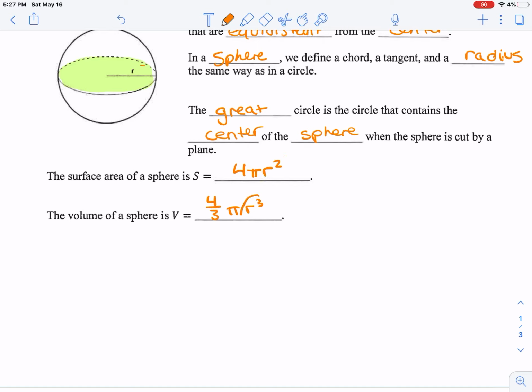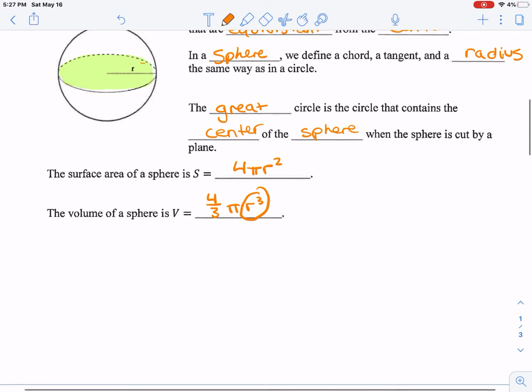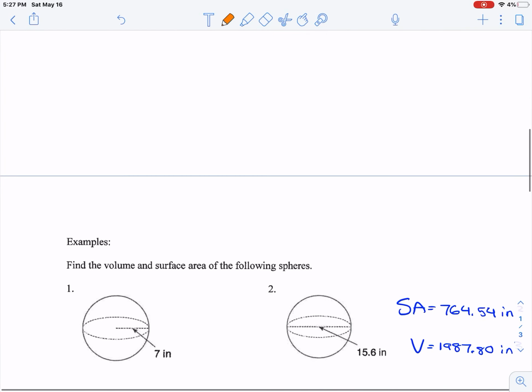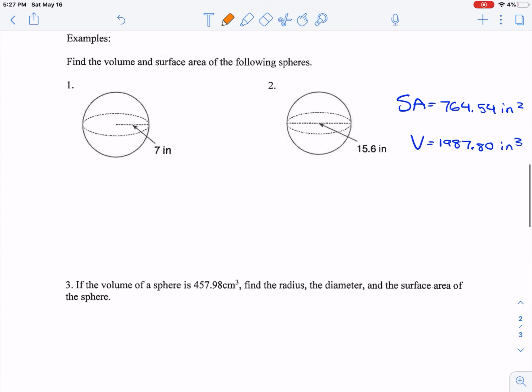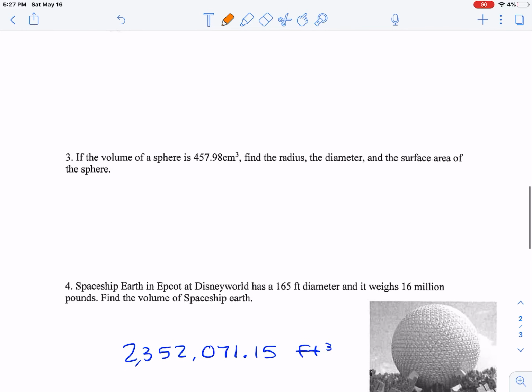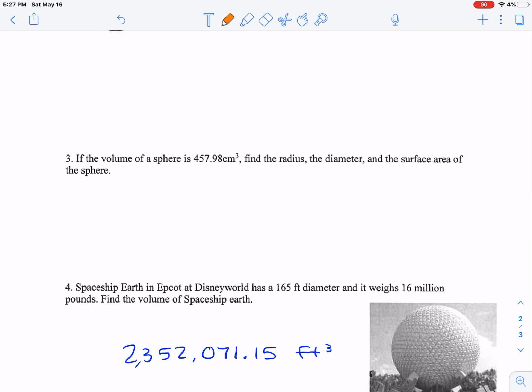And then that r cubed is always with the volume since we are measuring in cubic units, okay? So for our examples here, number 2 you're going to do on your own, but I have the answers there for you to check your work. We're going to do numbers 1 and 3, and then number 4, here's your final answer as well, but you'll do that one on your own.